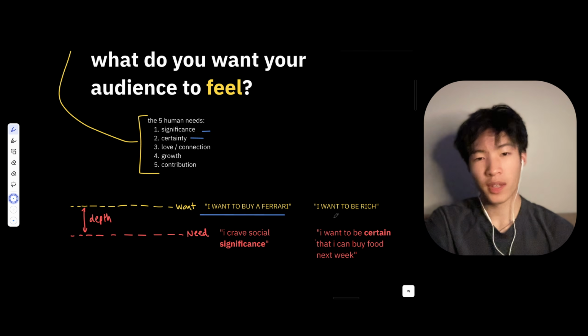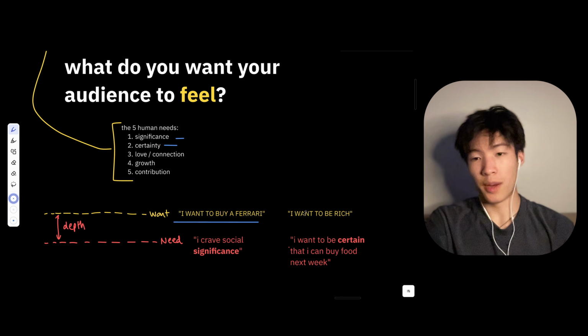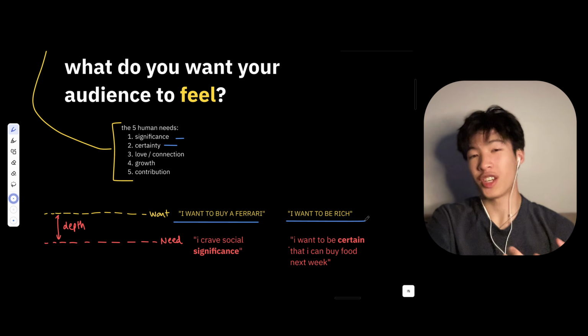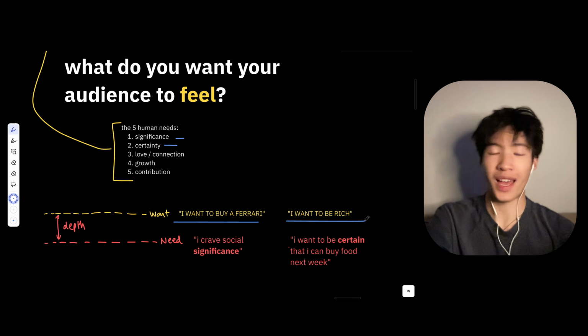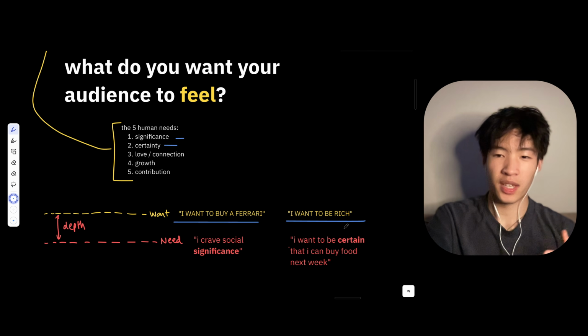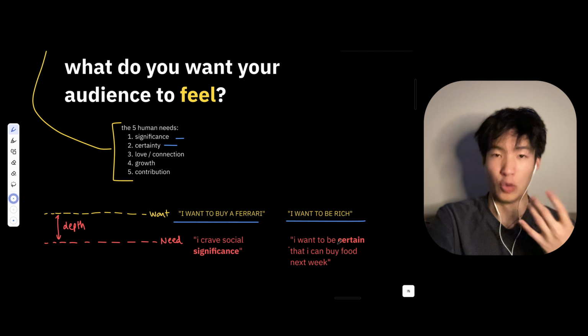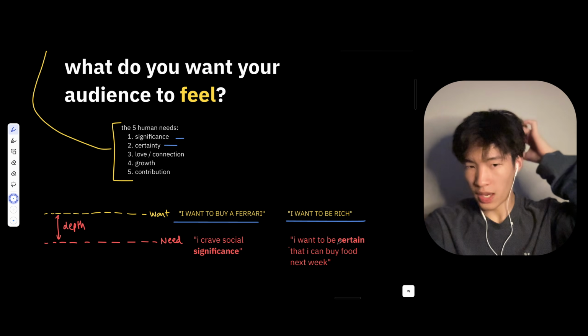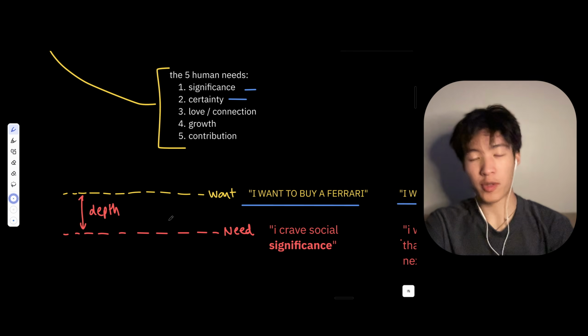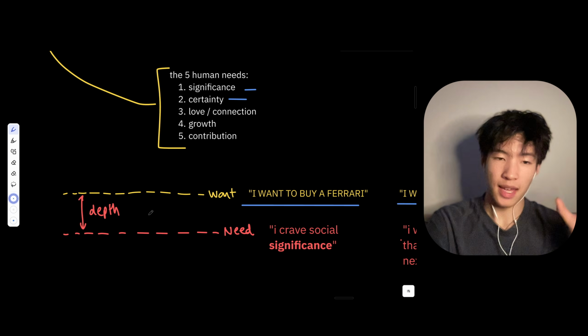And next, when someone says I want to be rich, they don't actually mean they want to have the most amount of money. They just want to be certain that they can buy food and live normally the next week. And you see how the difference between the want and the need is the depth, right?